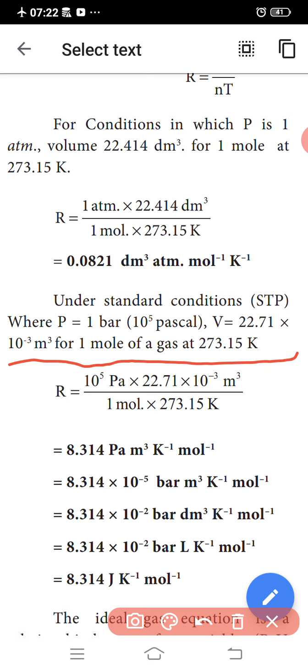R is the universal gas constant, so R is equal to 10 to the power of 5 Pascal into 22.71 into 10 to the power of minus 3 m cube divided by 1 mole into 273.15 Kelvin. So this is the R value, 8.314 Joule per Kelvin per mole. This is the R value to substitute in the ideal gas equation. Okay, thank you.